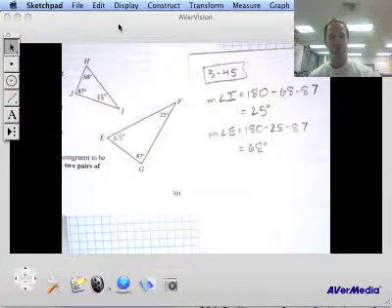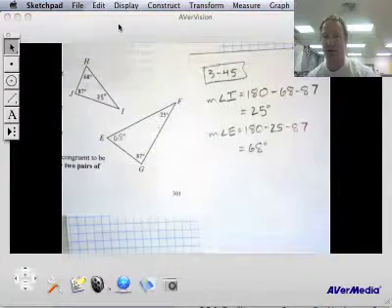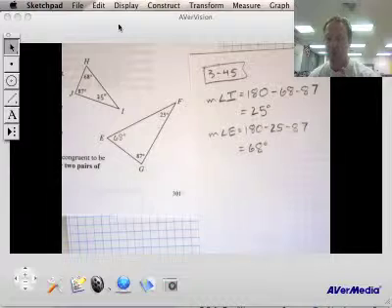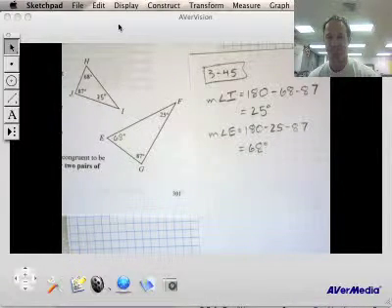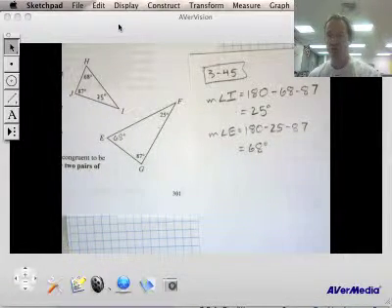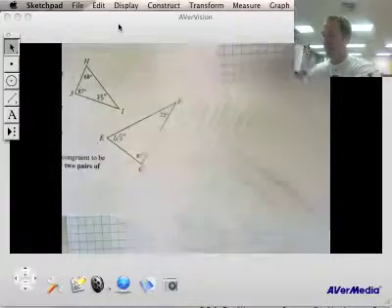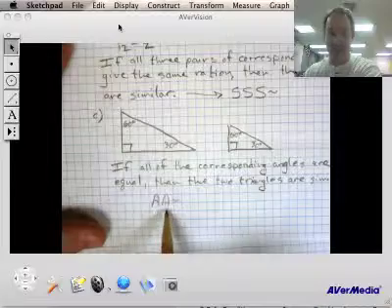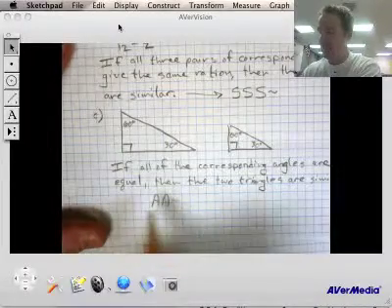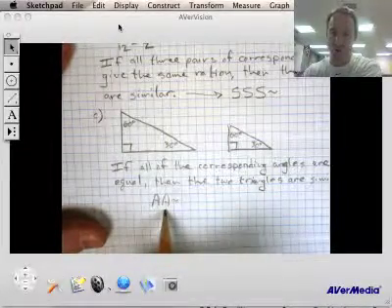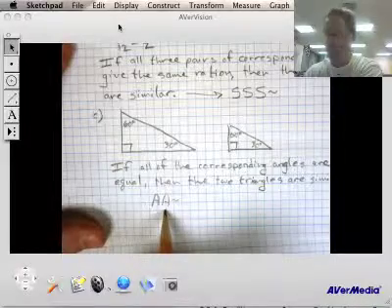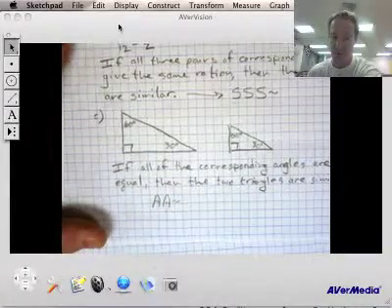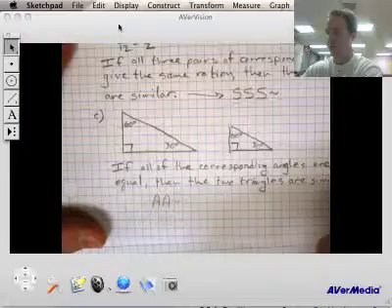So really, we don't need to check all three pairs of angles. If you have two pairs of angles that are the same, then those triangles have to be similar. And that's why in this other example, we only put angle similarity, because you only need two pairs of angles in the triangle to be the same. Okay, only 2. You don't need to check all 3.